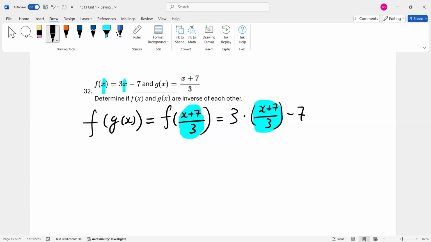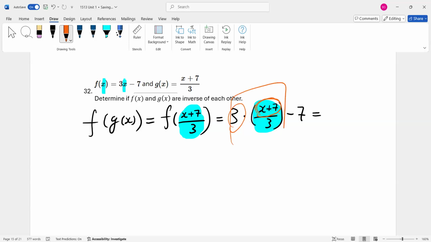Okay, now we're going to simplify this expression. Earlier I mentioned you need to have a good foundation from algebra, which means you need to be able to quickly and correctly simplify those expressions. So we actually have x plus 7 divided by 3 and then multiplied by 3. So actually we have another inverse here.